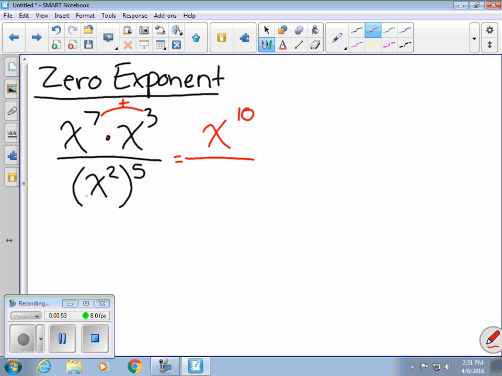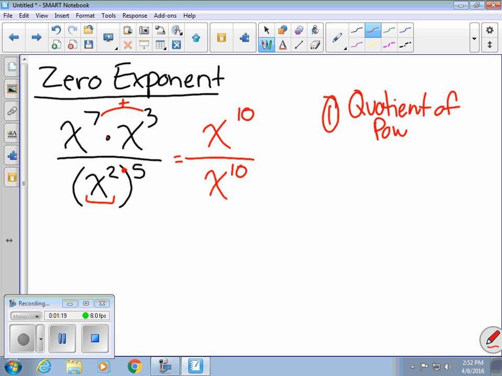I have x to the 2nd happening 5 times. And so I can multiply my two exponents to give me x to the 10th again. Now at this point, there's two things that you could think. Thing number one, you could think, oh, this is a quotient of powers.